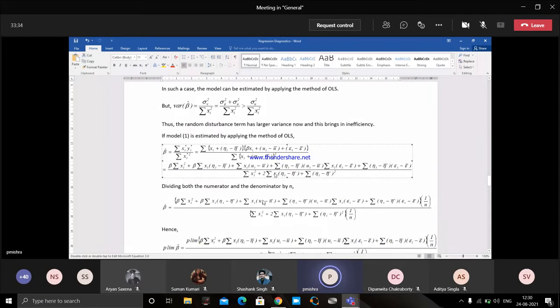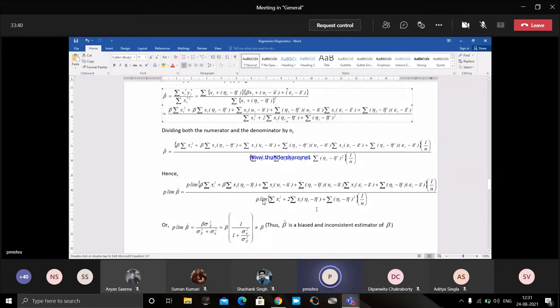Once I upload, you go through the mathematical derivation. Basically, the property we are using is the probability limit, because we have the random disturbance term, or the stochastic component, both in the numerator as well as in the denominator.